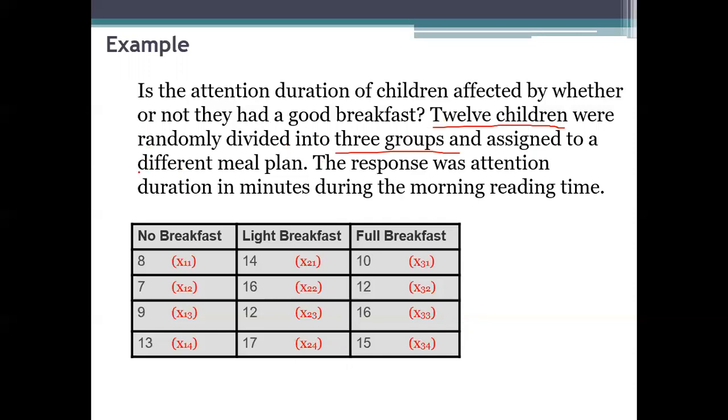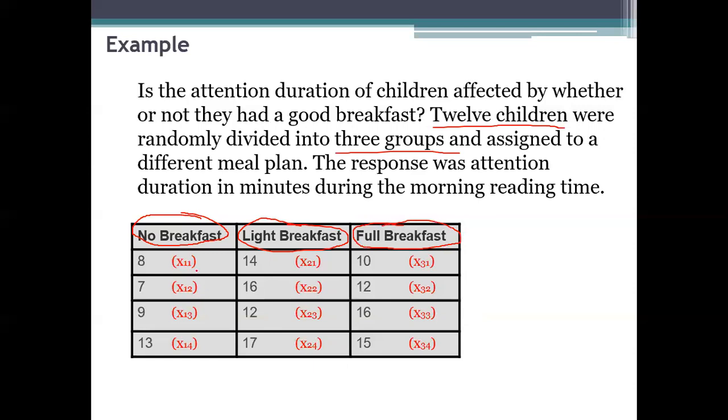So they have 3 groups with different meal plans: no breakfast, light breakfast, and full breakfast.